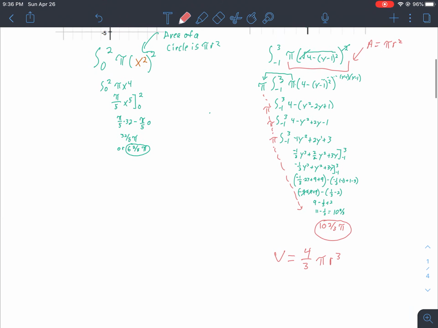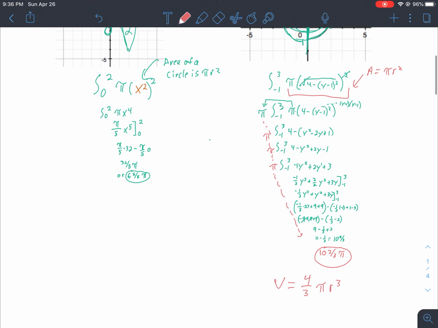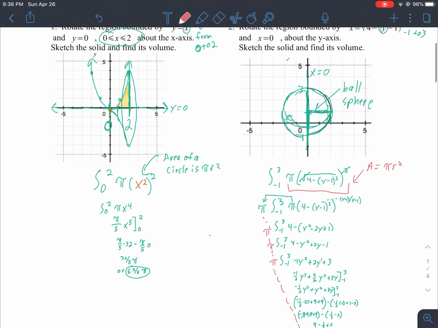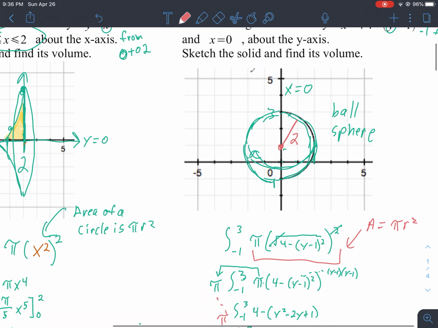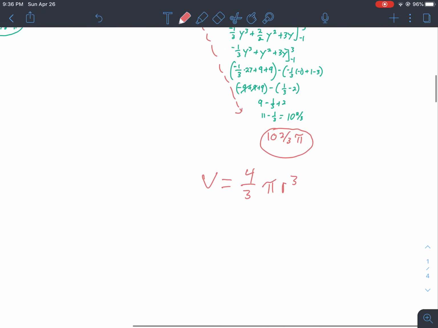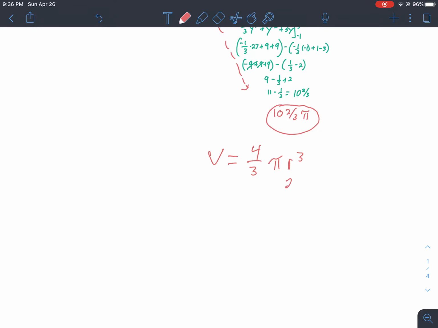Now, this formula from geometry isn't nearly as exciting as the calculus. The radius of this sphere is 2. So if I plug 2 into this formula, I should get the same answer. 2 cubed is 8.